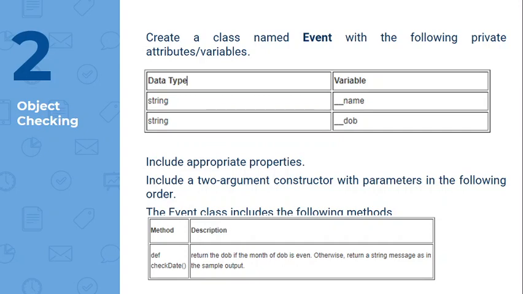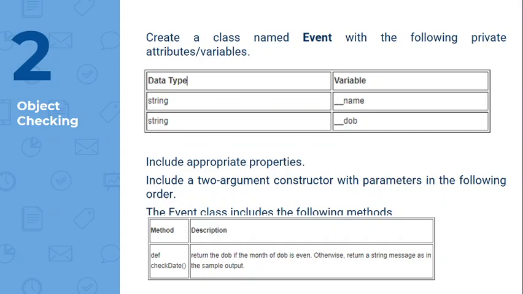One is name and the other is date of birth, and make a note of the double underscore in the name and date of birth. Double underscore name means it is a private member in Python. So date of birth and name both are private members.